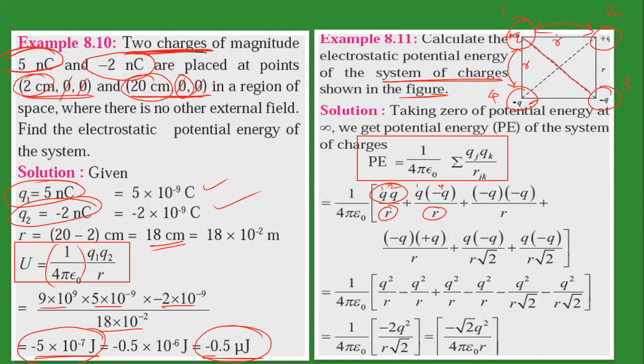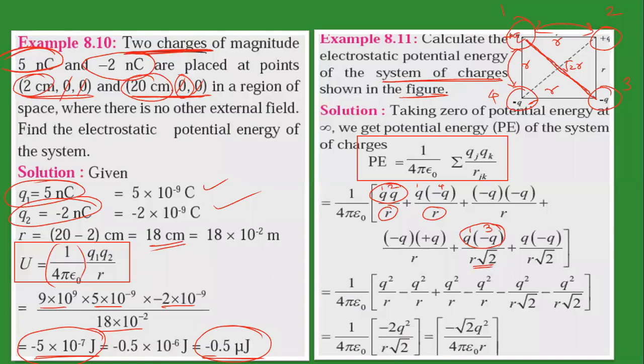If this is R, this is R, then this distance squared is R square plus R square, that is 2R square, the hypotenuse squared. So root 2 R is this distance. So 1 and 3 means this Q and minus Q, and between 1 and 3 the distance is R root 2.